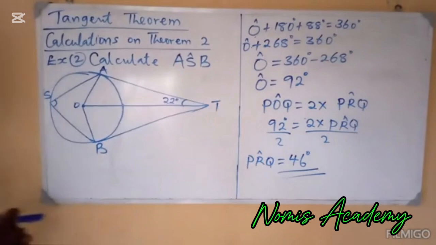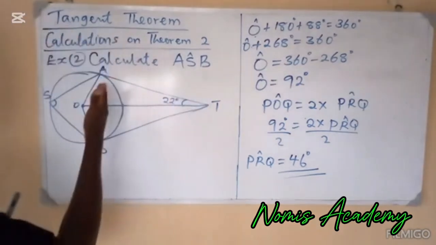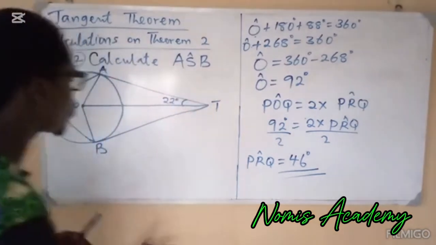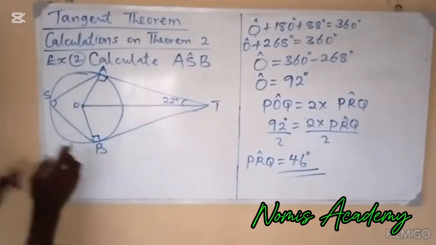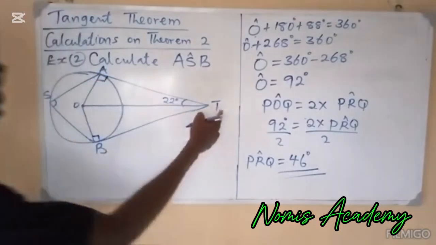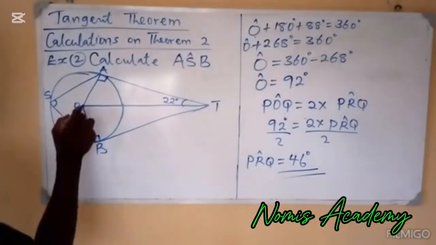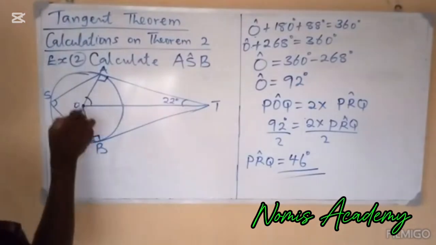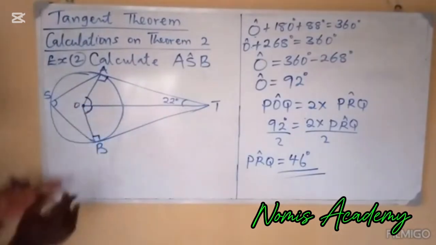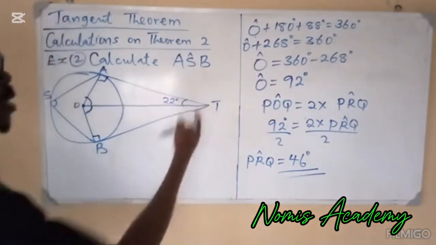So how do we do this? What do we do to get the angle? Now you remember Theorem 2, which says that if AT is a tangent to the circle and BT is also a tangent to the circle, then a line from O to T bisects the angle between the radii, and also the angle between the two tangents.